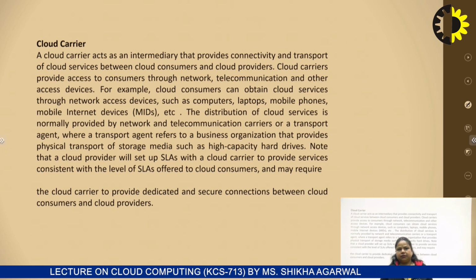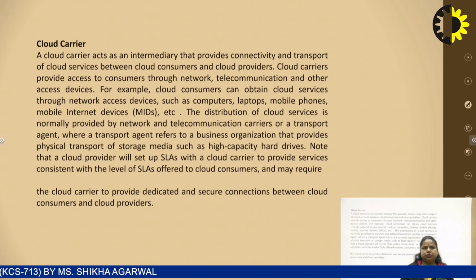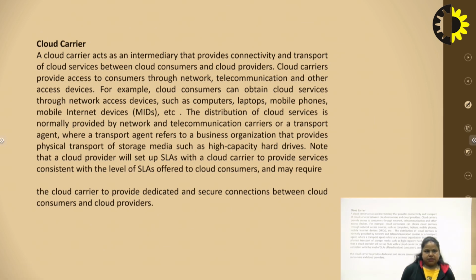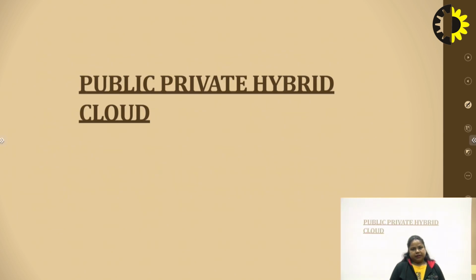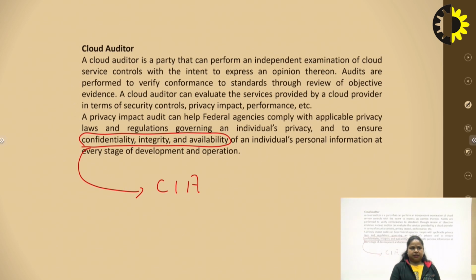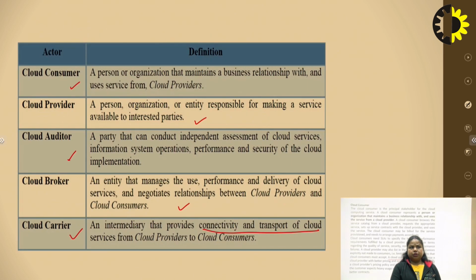Basically, cloud carriers can provide access to the consumers through their networks, telecommunication, and other access devices. For example, they can access the data through network access devices such as laptops, computers, mobile phones, and so on.